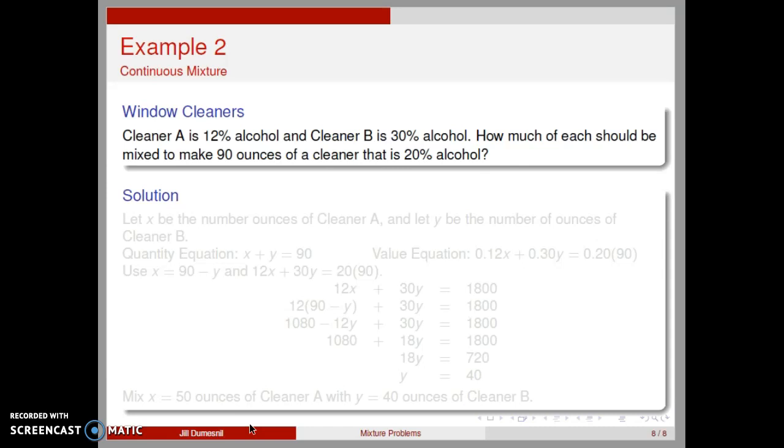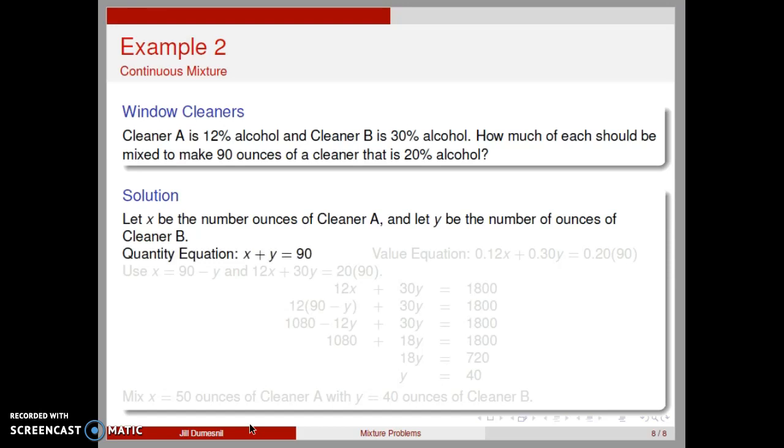In this solution, we are assuming this mixture is safe to make. In general, we should use extreme caution when physically mixing cleaning chemicals. Again, we'll explicitly identify our variables by letting X be the number of ounces of cleaner A needed and letting Y be the number of ounces of cleaner B.